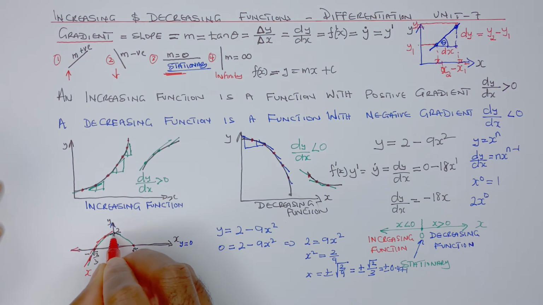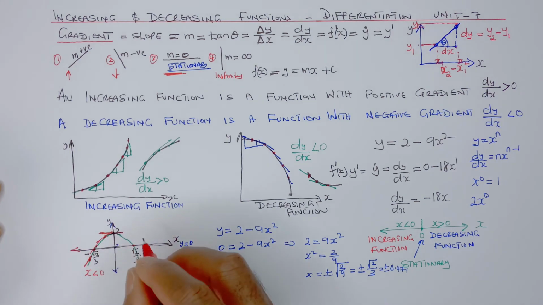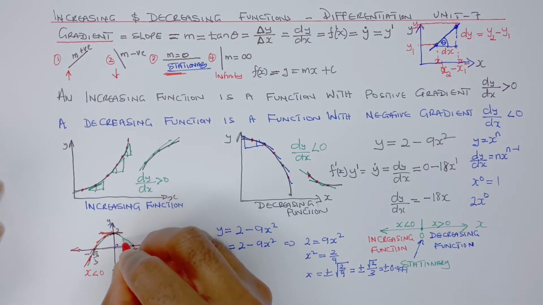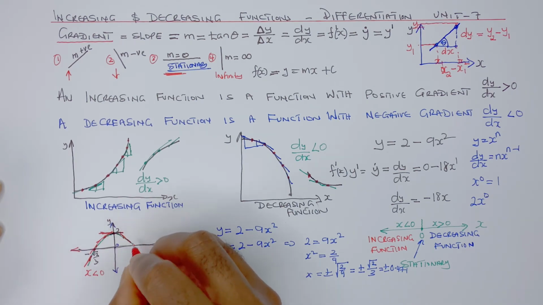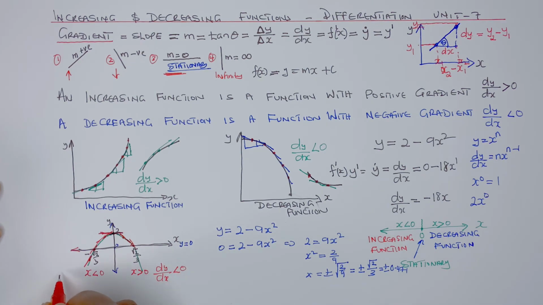Here we can see gradient is 0 because it's horizontal. That's stationary. And when it comes to here, the gradient is now negative. So when x is greater than 0, dy/dx is less than 0. And here, dy/dx is greater than 0. So this is the increasing function, and that's the decreasing function.